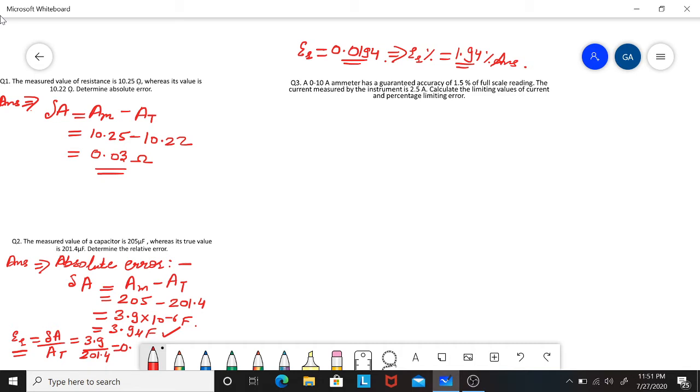So the final result we get is 0.0194, which is epsilon r percentage of 1.94%. In this way we are calculating the relative error. Now let's see the third example or the third question.